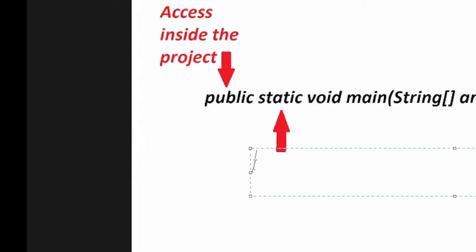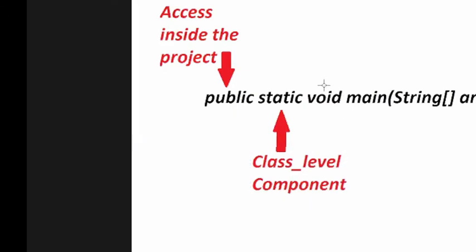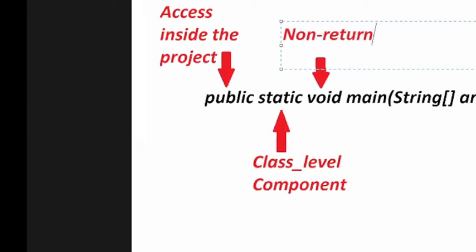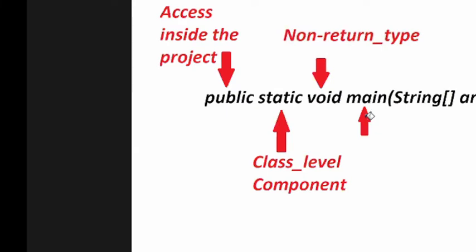Simply you can say class level. Void, return type or non-return type? Non-return type. So void decides whether the method has to return or not. Main is a method name, a predefined method name.